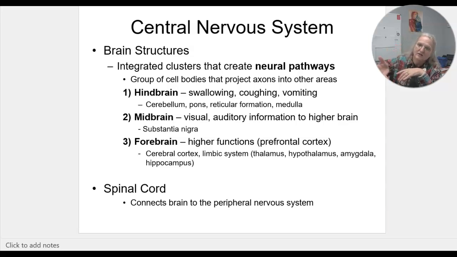The hairs all kind of grow together, and when this happens in the brain, you can think of it like a neural pathway. So these brain structures are made up of clusters of neurons that work together. Now, it doesn't mean there aren't structures. There certainly are, but it's not like a puzzle piece that you can easily pluck out, right?